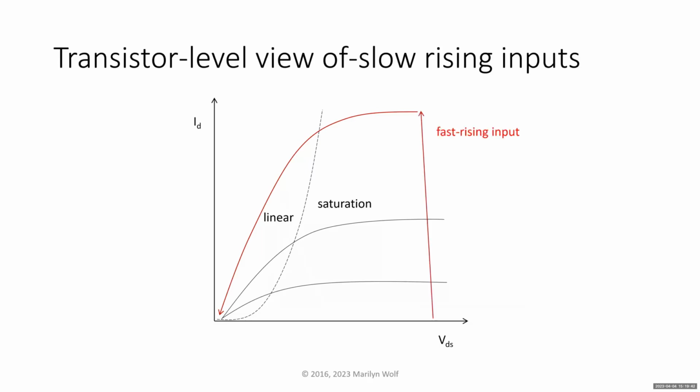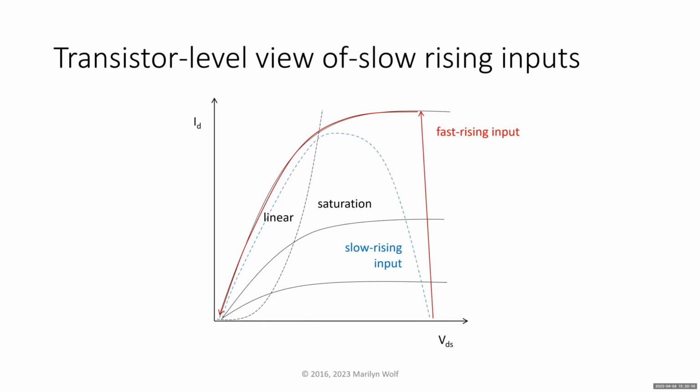If we have a fast rising input, we will jump very quickly to one of these curves and then ride it down to 0 current, as we're taking the gate down to 0. What happens if the input is slow rising?